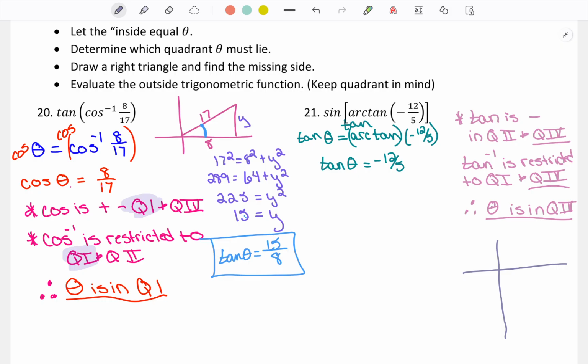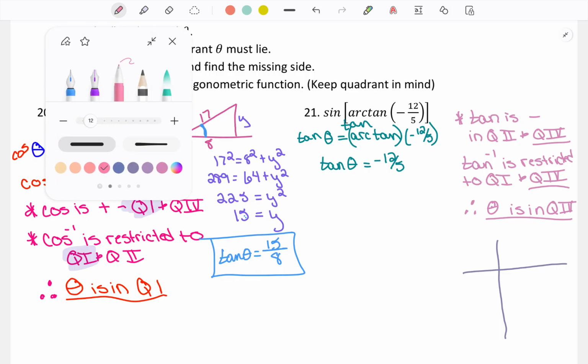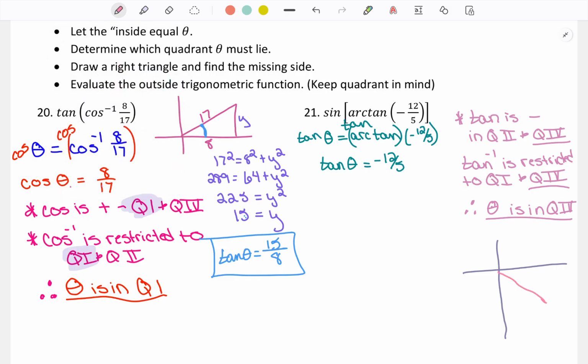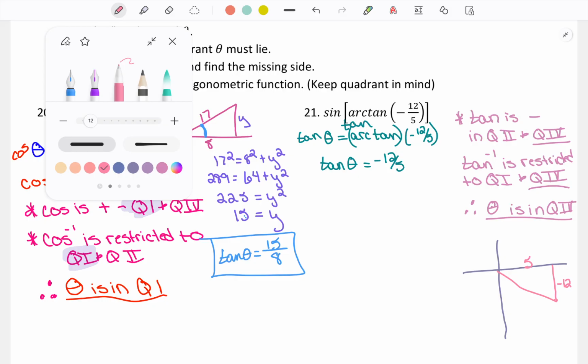So now we're going to go ahead and draw our triangle, and we'll find that missing side. We're given tangent, so that is y over x. So we have negative 12 and then 5, and we are looking for the r.